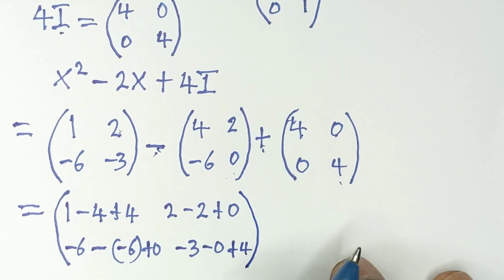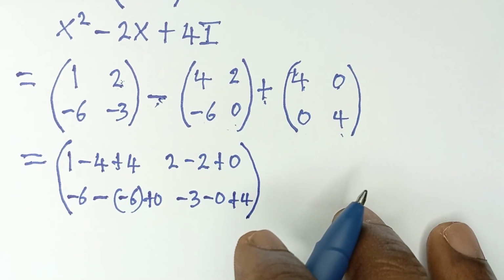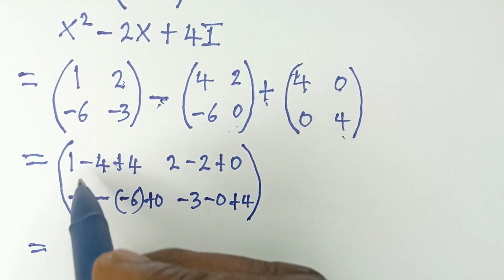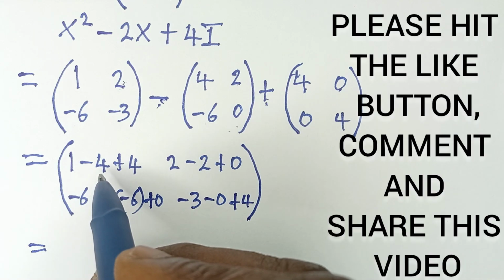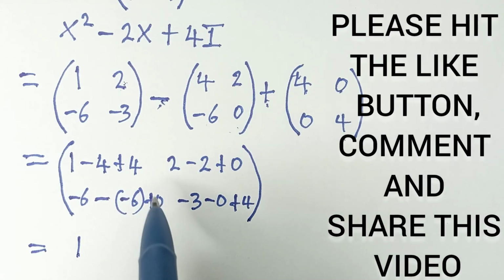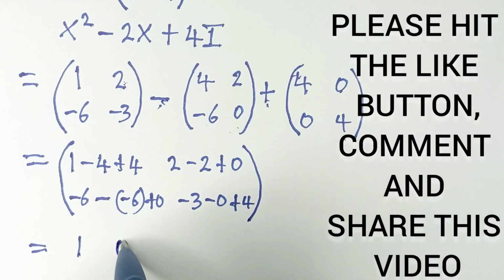So this is the matrix, and then finally we can arrive at the answer now. That will be equal to 1 minus 4 is negative 3, and then negative 3 plus 4 will give me 1, and then 2 minus 2 is 0 plus 0, and that will give me 0.